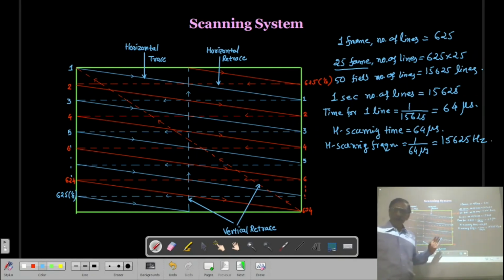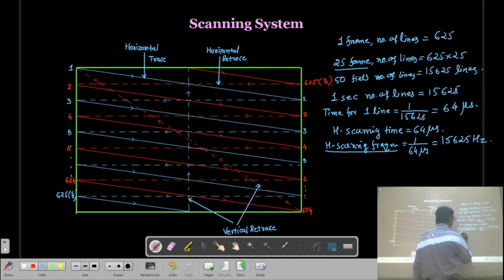So, if you want horizontal scanning, you have to give a signal of 15,625 hertz to the horizontal coil. That is the horizontal scanning frequency. Sometimes it is also known as the line frequency.